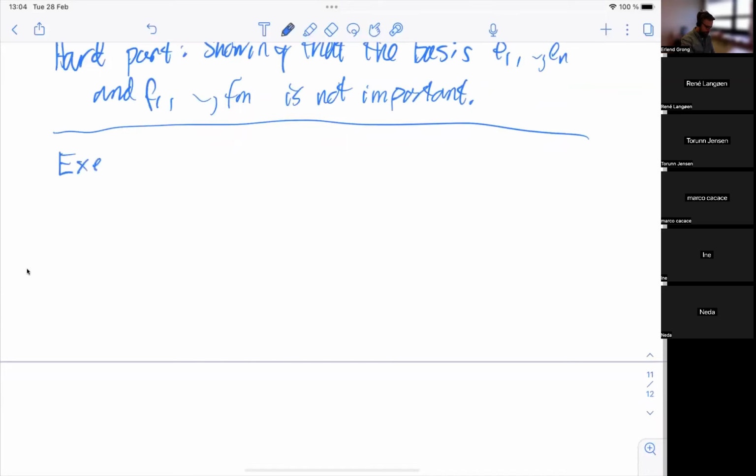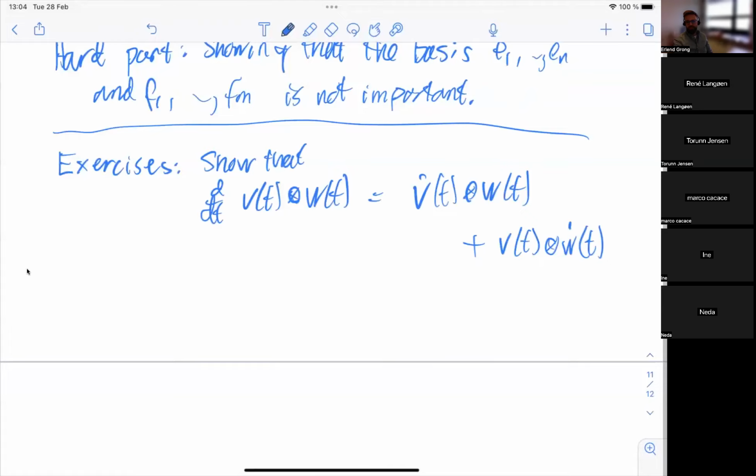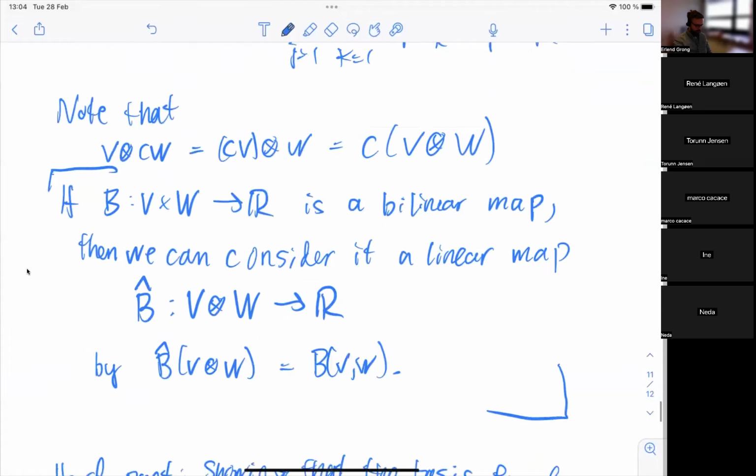In your exercises, you will have to show that if you have d/dt of v(t) tensor w(t), then this is actually v-dot(t) tensor w(t) plus v(t) tensor w-dot(t), which is very different from the direct sum.